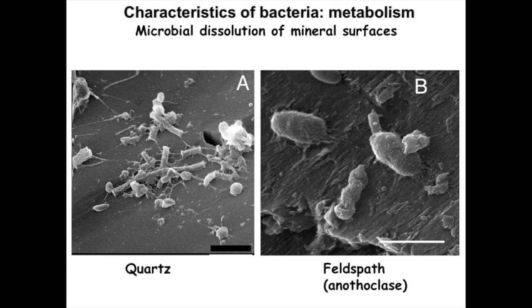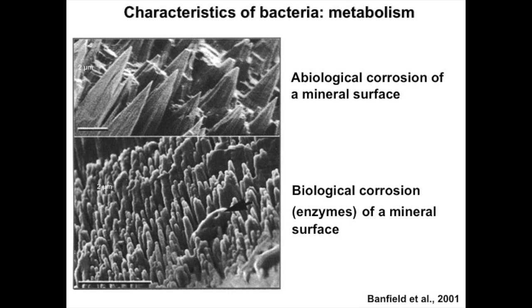Now, certain microorganisms, chemolithotrophic microorganisms, obtain their energy from oxidation-reduction processes occurring at the surfaces of the minerals. And they can also obtain transition elements by enzymes that are exuded and that dissolve away the mineral surface and release the elements that they like.